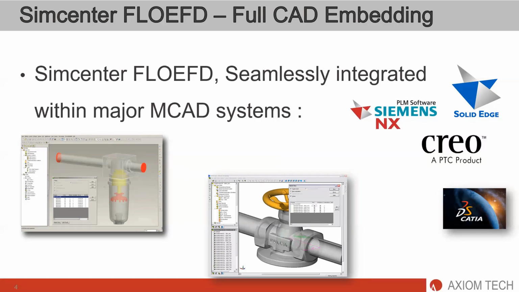The real benefit of this is that there is no translation or definition of region within a CAD model. Any CAD design changes are instantly reflected in the CFD analysis. Synchronization of CAD and CFD becomes a non-issue.